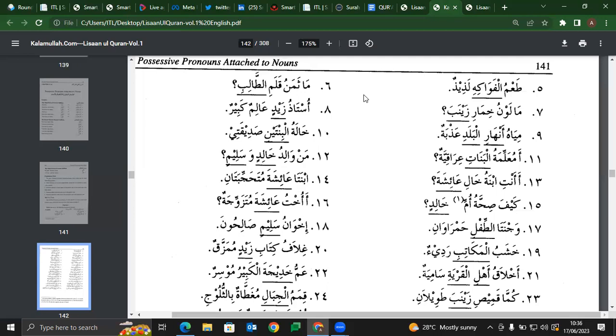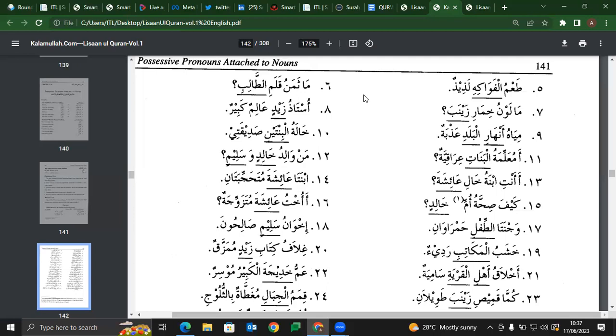So what do we mean by launu? The color. So it will be ma launu. What is the color of Zainab's dupatta? Tell me what's mudaf ilayhi first. Launu is mudaf. Khimari is mudaf ilayhi of launu.